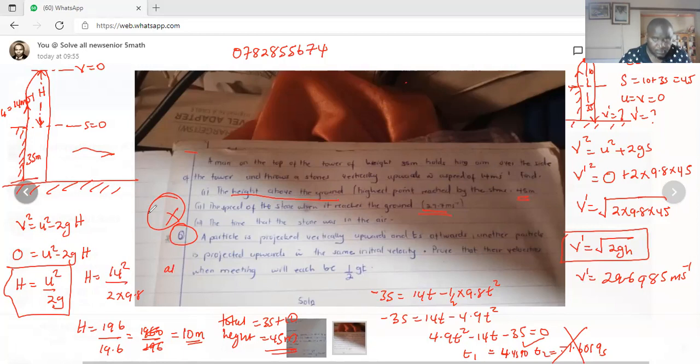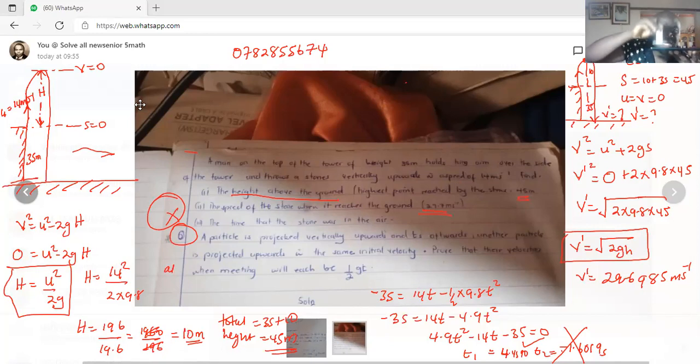When they say the time that the stone was in the air, is it supposed to be that assumed level of the ground? The time at that assumed level of the ground which the stone is supposed to land? No. Can you see me in my video? Yes. Now, assuming this is the level we are projecting the particle, you see that? This is my stone.